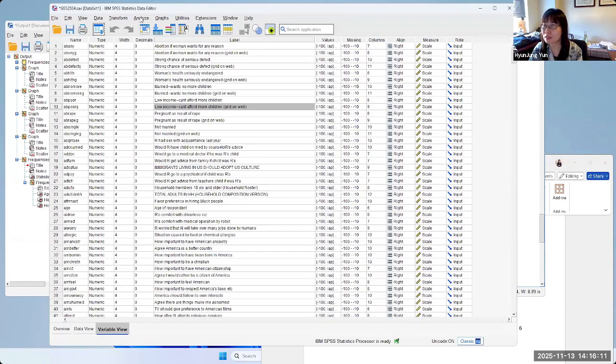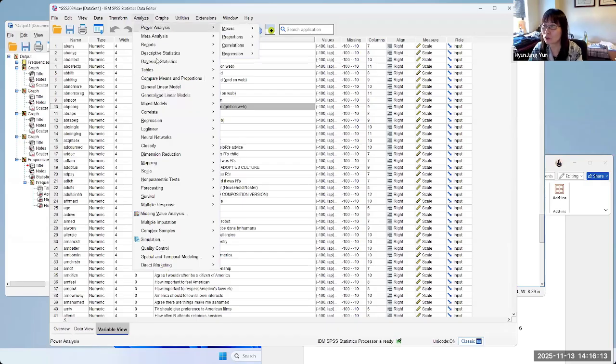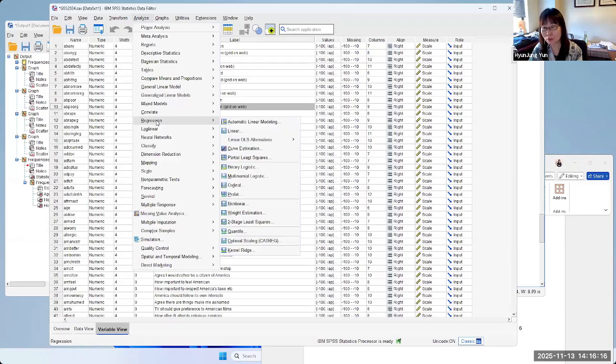Go to Analyze and then again Regression, where we went to run a simple regression model with one independent variable, and then go to the same place, Linear. We still want to predict a linear relationship.